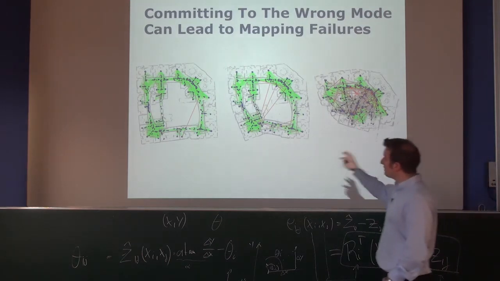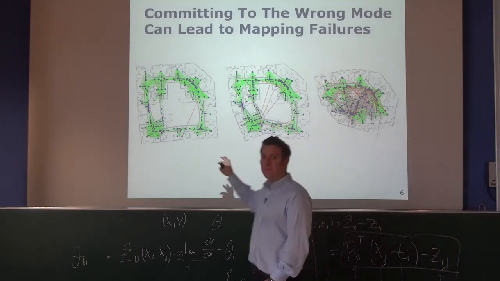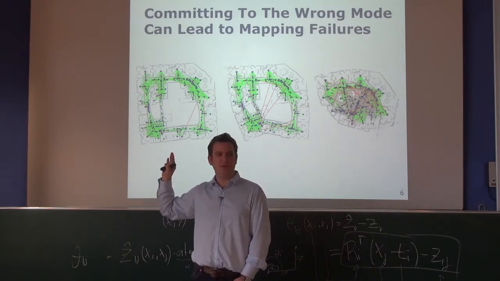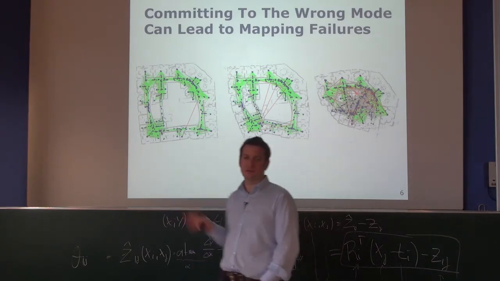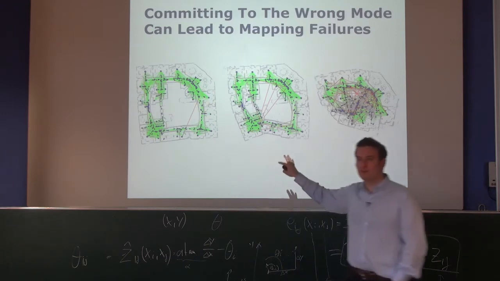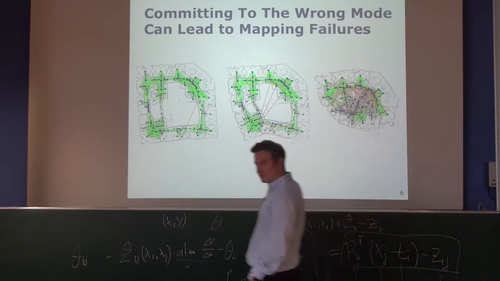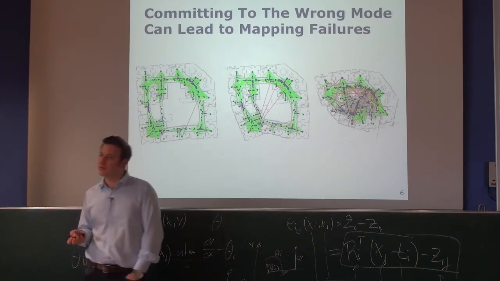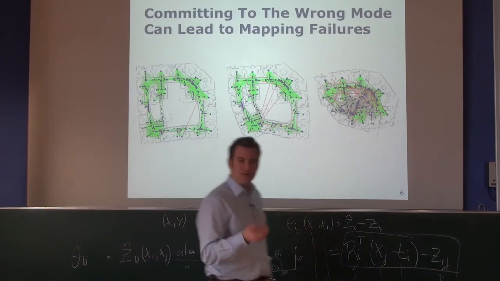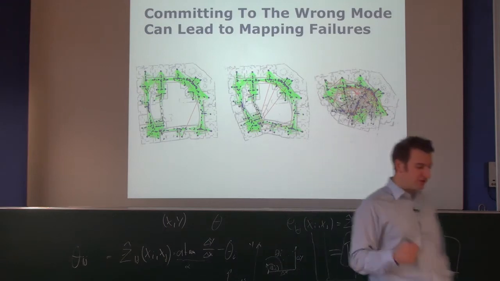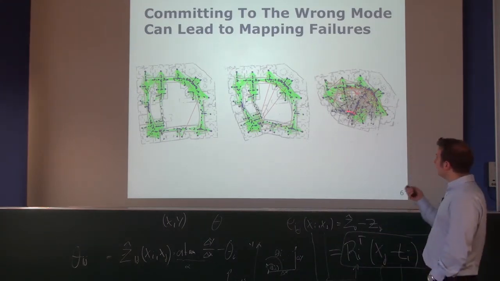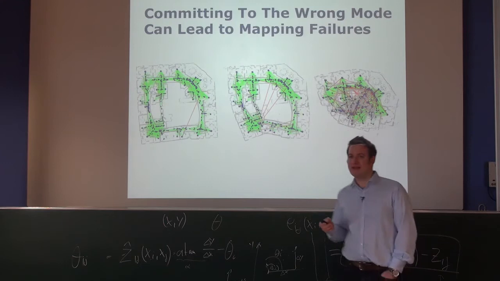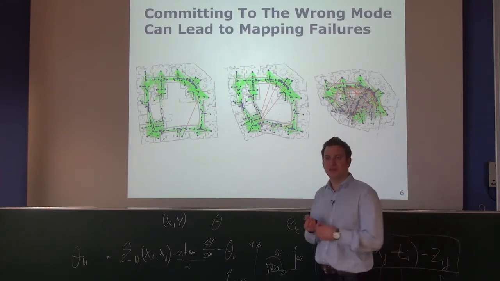The original number of constraints, I don't know exactly how large it was, but I think it's around 3,000. If you put already 10 wrong ones in there, it's quite likely to screw up. And with 100, which is still a very small fraction of 3,000, you will end up with dramatic mapping errors, so that the system is unusable.